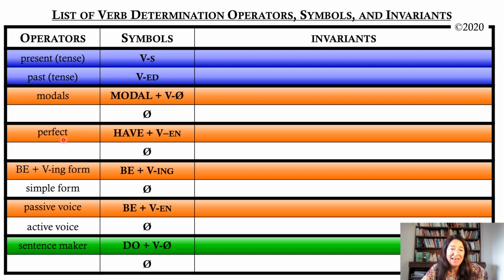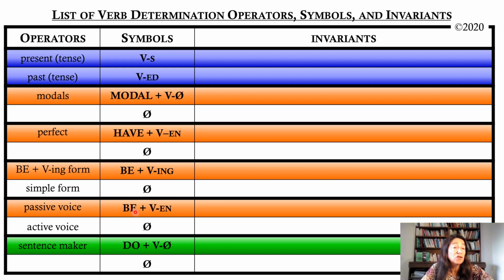And then the perfect, and its symbol is have plus VEN, and the be plus VING form, and then the passive voice, and its symbol be plus VEN. So you understand that a symbol is like a formula, and it tells you how to create the form.